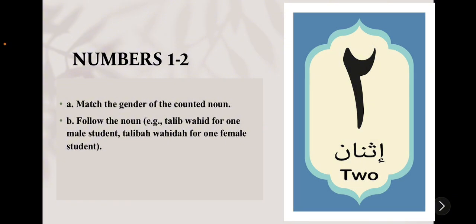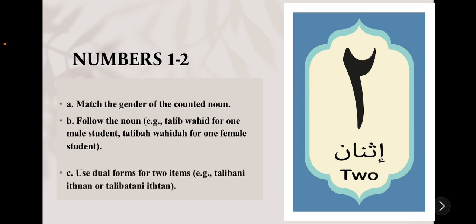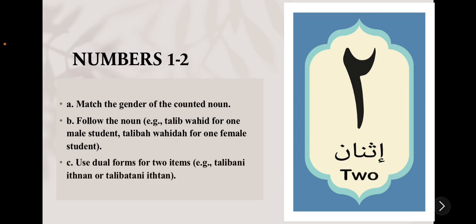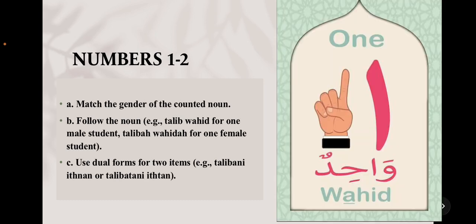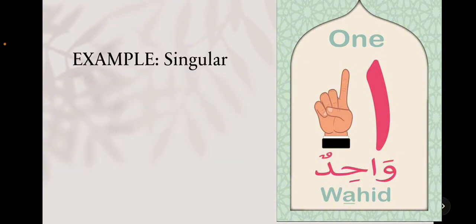Number 2, the adad, that is the number, must follow the ma'dud sequentially, having the ma'dud first, followed by the adad. Number 3, for dual forms, that is when you are counting two things, you just have to use the normal dual system by adding alif and nun. These 3 basic rules must be well observed.